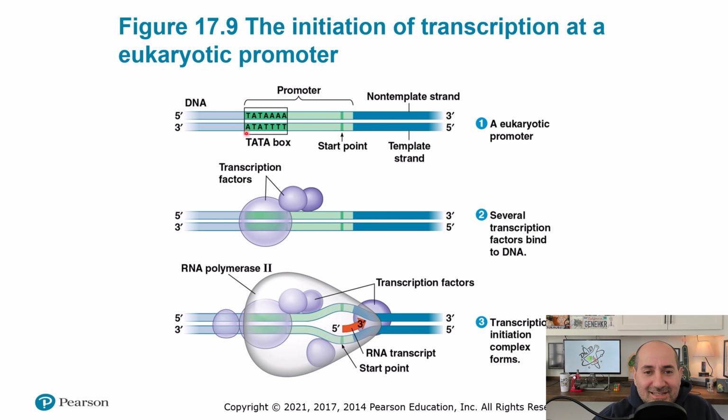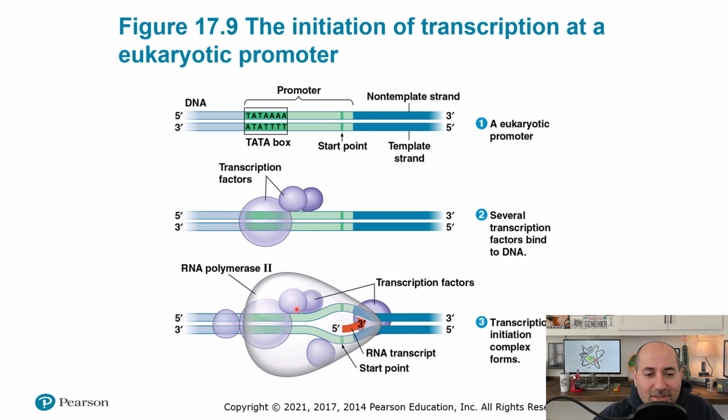And this is the sequence that's recognized by the RNA polymerase. Okay? Now, what's interesting is that in eukaryotes, other proteins must attach to the promoter first. These proteins are called transcription factors, and only then is RNA polymerase II recruited to the promoter. It's called RNA polymerase II in eukaryotes.